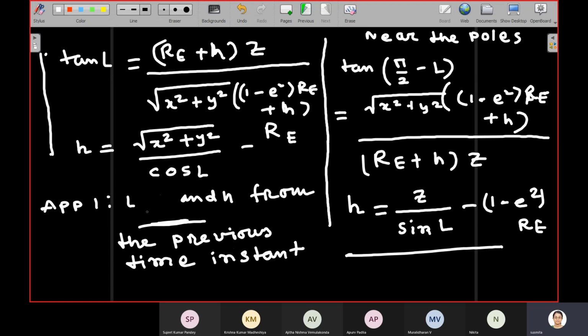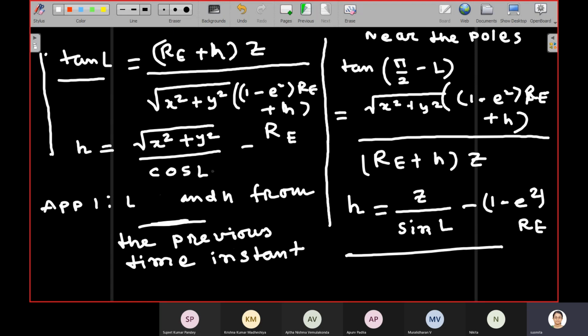We need latitude and height. In approach 1, we use the latitude and height from the previous computation as the initial guess in these two equations. To calculate L, we use the previous H, and similarly in the H equation we use the previous L to calculate H. In the next iteration, whatever new values we got should be used as the guess.